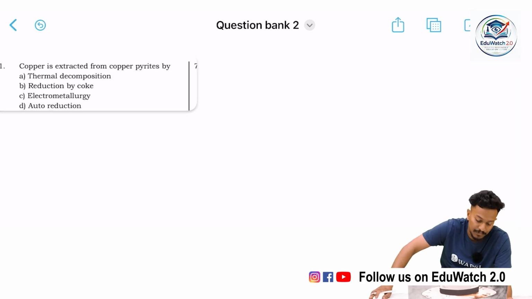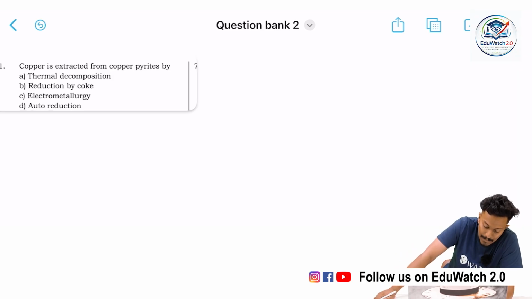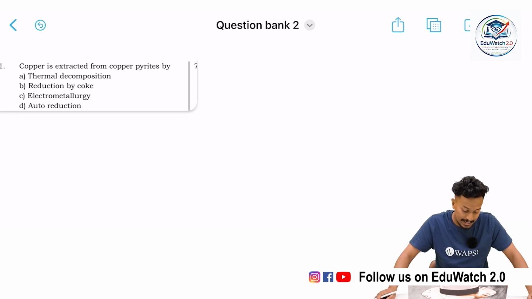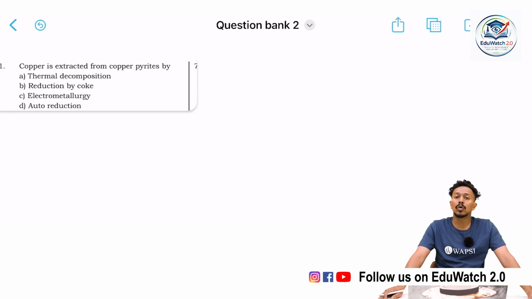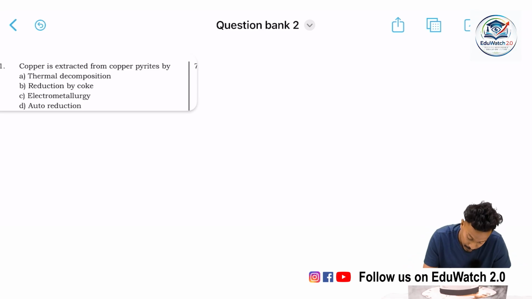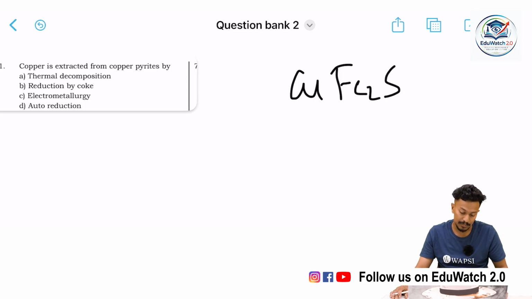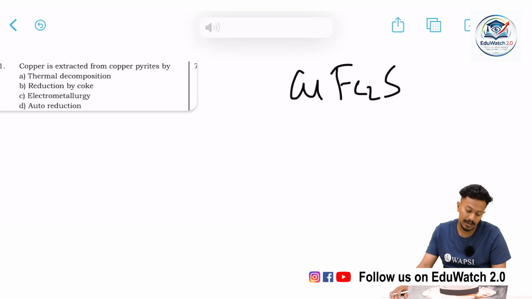Copper is extracted from copper pyrites by thermal decomposition, reduction by coke, electrometallurgy, or auto reduction. You have studied in metallurgy the reduction of copper pyrites. What is copper pyrites? It's actually a sulfide ore, CuFeS2.